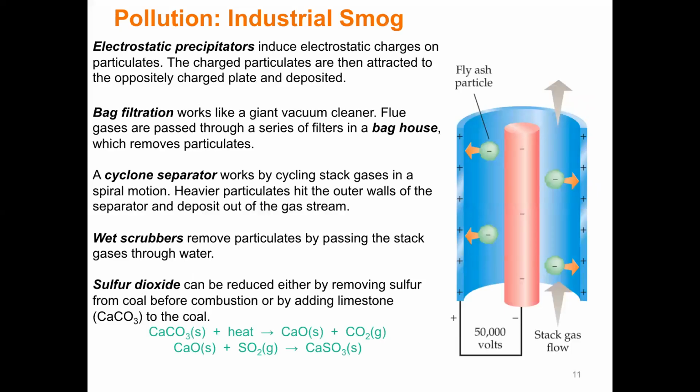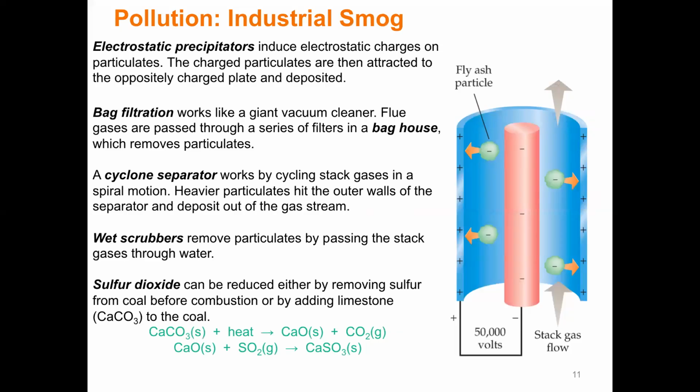Well, there's a few ways of doing that. So in industry, in the stacks, they have what we call electrostatic precipitators. Here, the charges on the particulates can be used to try and attach them to a charged plate and prevent them from going out into the atmosphere. Literally, bag filtration.